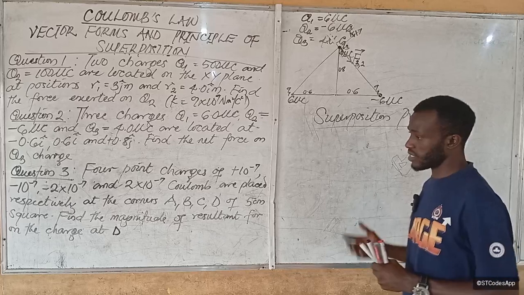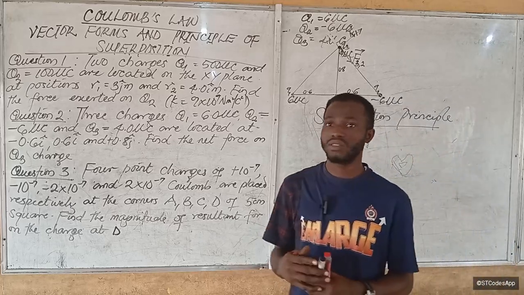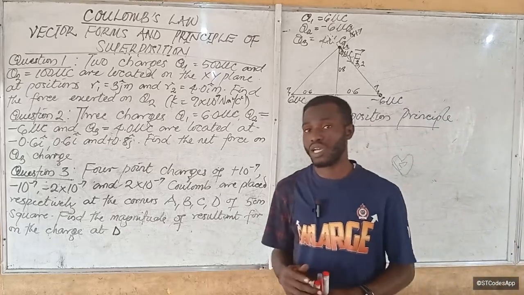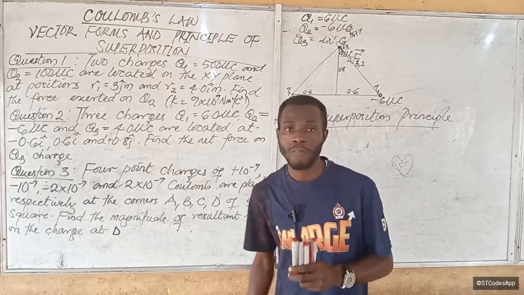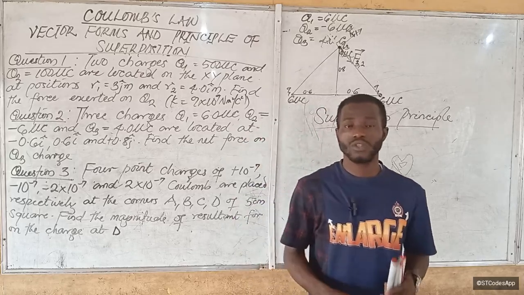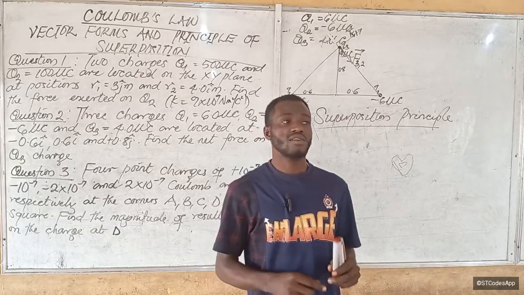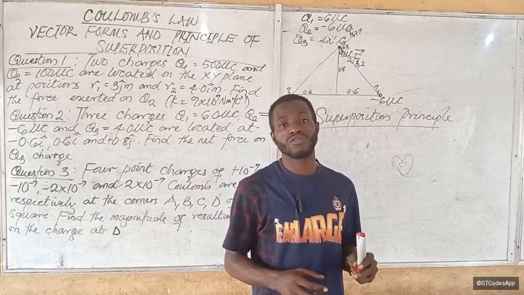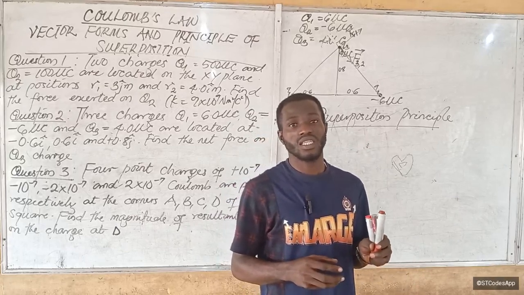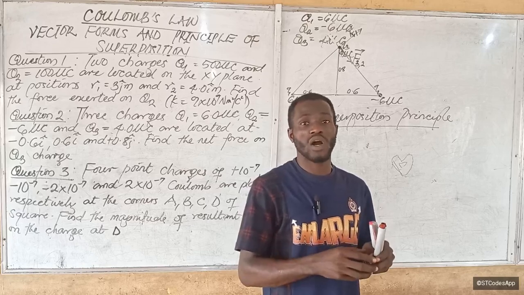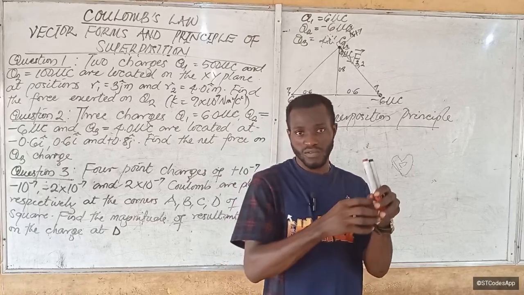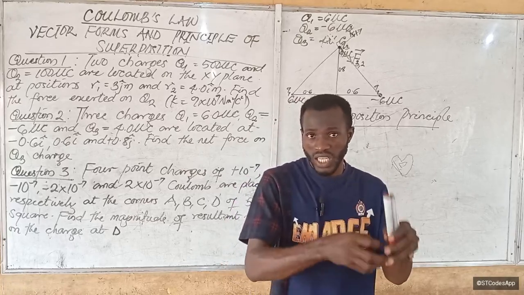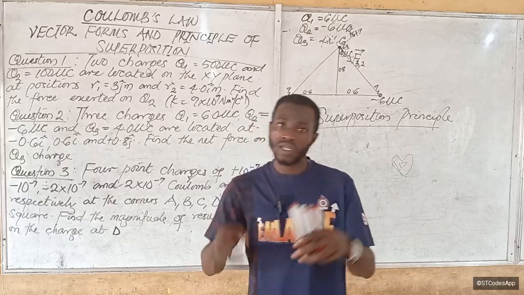So what it says is that when there are more than 2 charges, the net force on any of the charges is going to be the vector sum of the individual forces, the vector sum of the force due to individual charges on that charge.